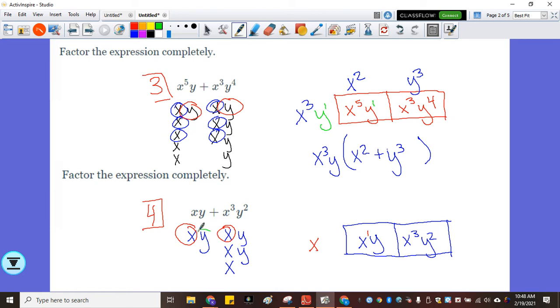There's only 1 y here and 1 y here. So I have a 1 x, I took it out. I have 1 y, I took it out. But you have to put something on top. You can't just leave it. Not x, but 1. So 1 has to stay on top.